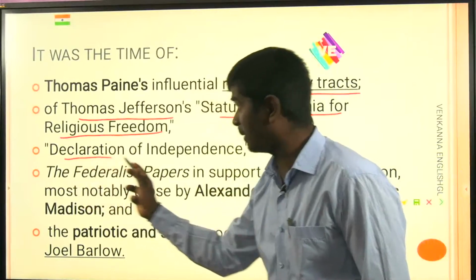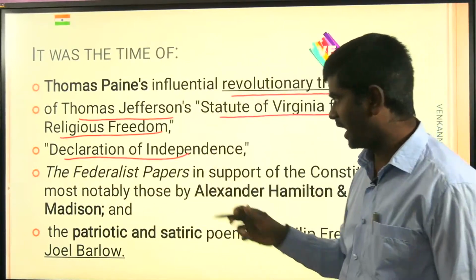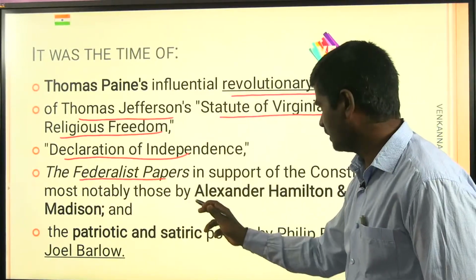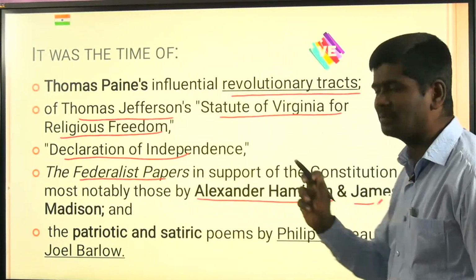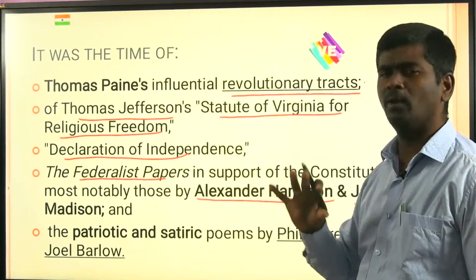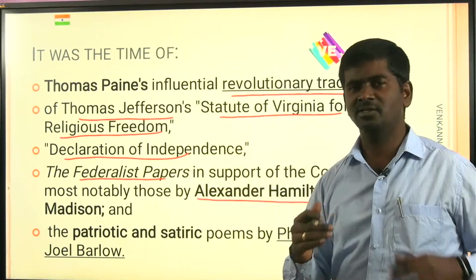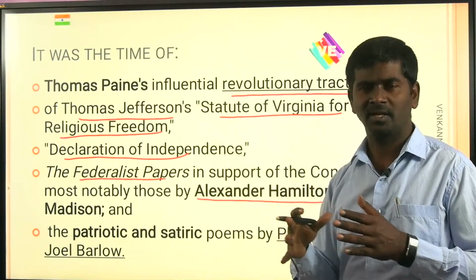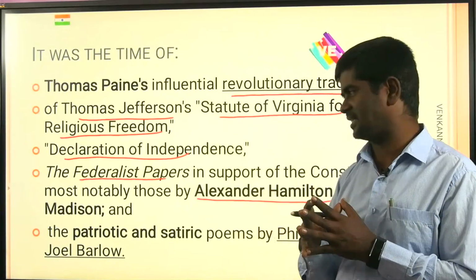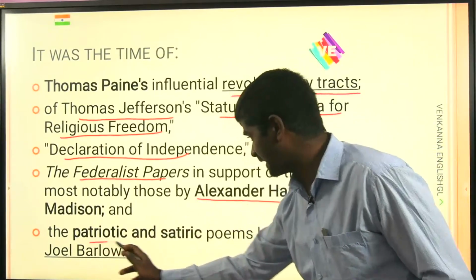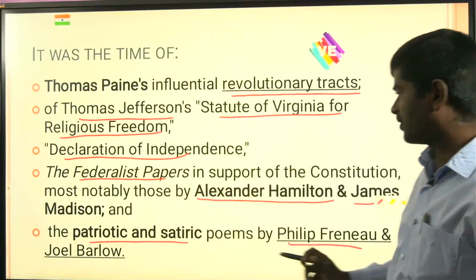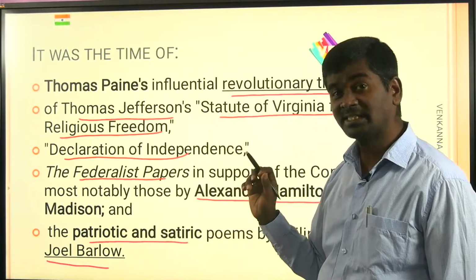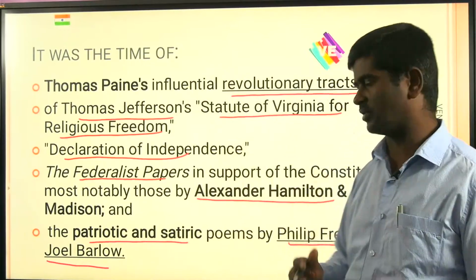And the Declaration of Independence, and the Federalist Papers in support of the Constitution, most notably by Alexander Hamilton and James Madison, who wrote a lot of Federalist Papers in support of American independence, mainly from 1765 to 1790. And the patriotic and satiric poems by Philip Freneau and Joel Barlow, who wrote patriotic songs and satiric poems for the sake of America.